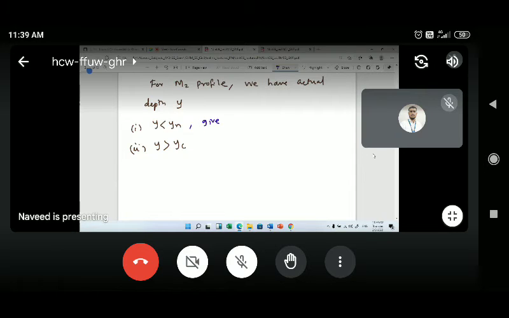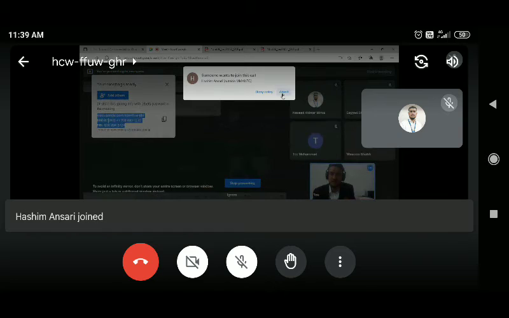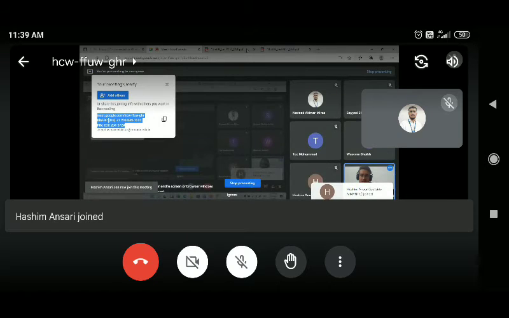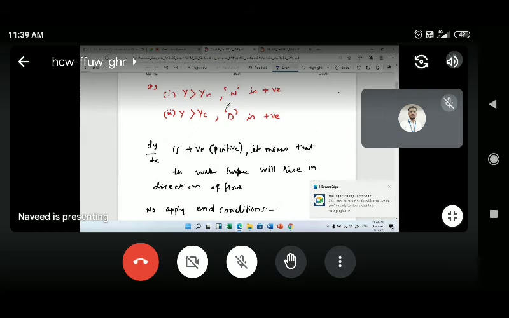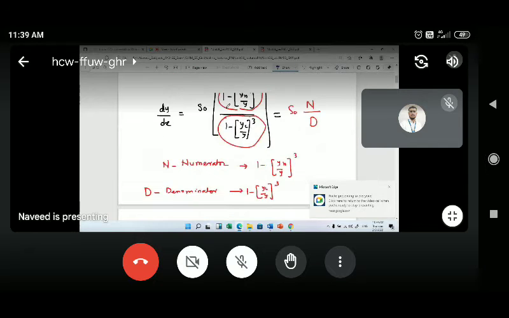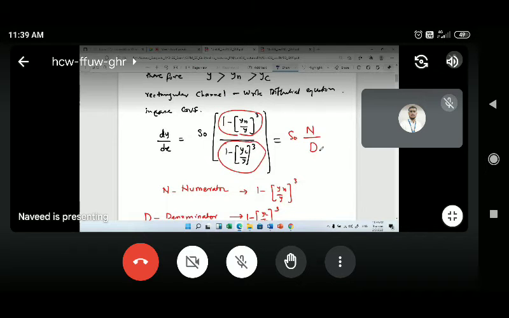Okay, so if I write here, y is less than yn, it gives the numerator is negative. The numerator value is negative. What is in the numerator? It is related with the y. This is our profile formula, which we wrote in terms of numerator and denominator: dy by dx is equal to S0 times (1 minus (yn upon y) to the power 3) upon (1 minus (yc upon y) to the power 3).